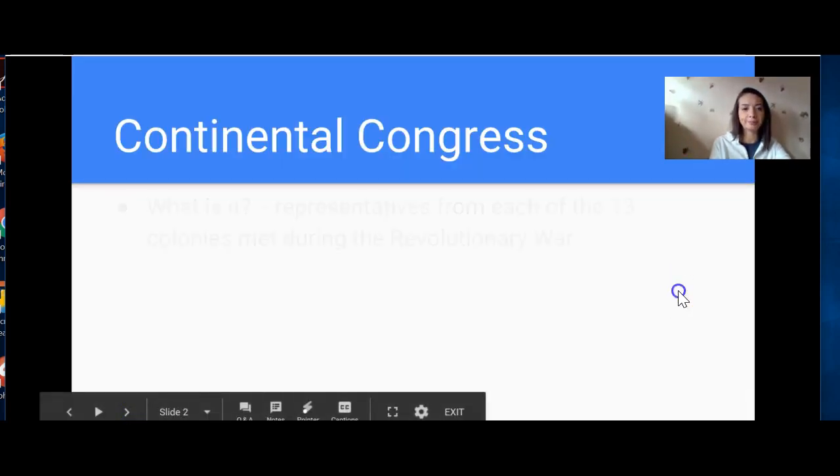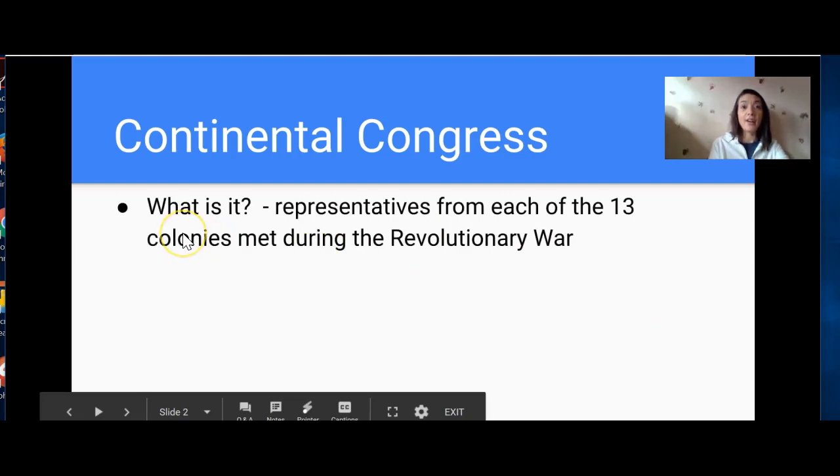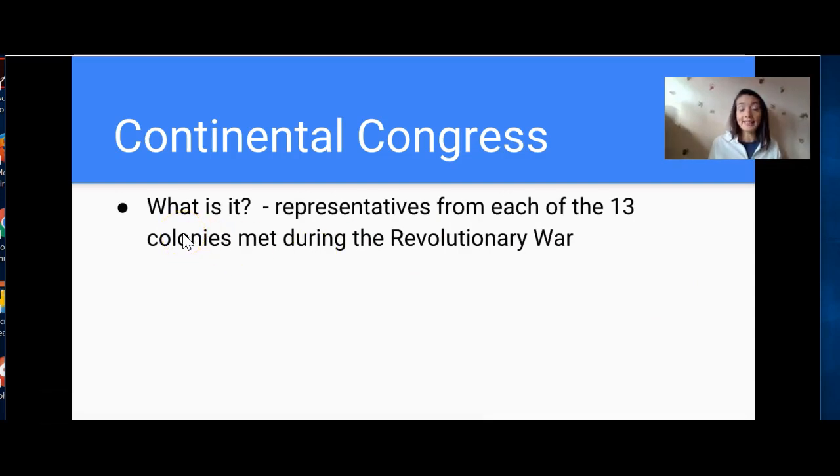Okay, here we go. So, 5 W's. What is the Continental Congress? Well, your note reads that the people that made up the Continental Congress were representatives from each of the 13 colonies. And this was a meeting that happened during the Revolutionary War.